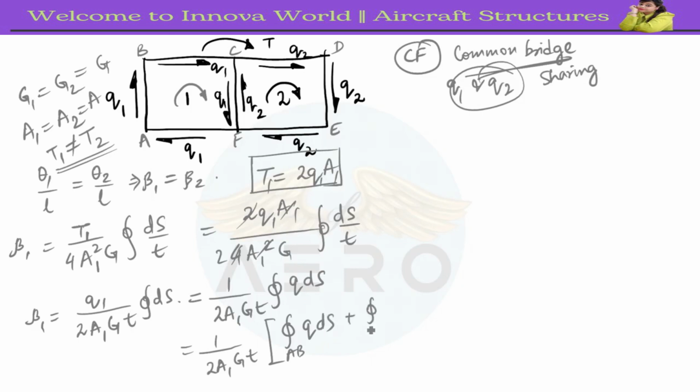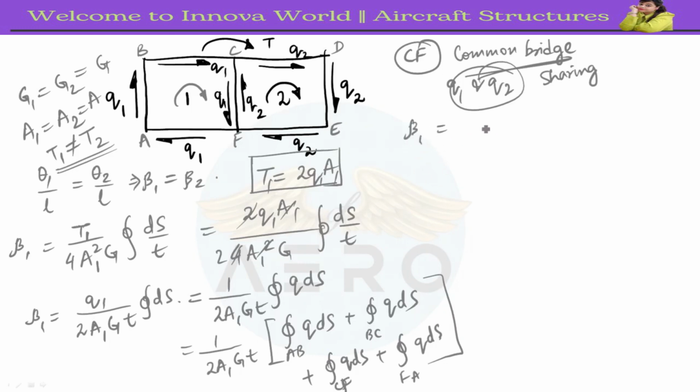Similarly for BC, then for CF, because we are considering cell 1, CF q ds, plus closed integral for FA, q ds.